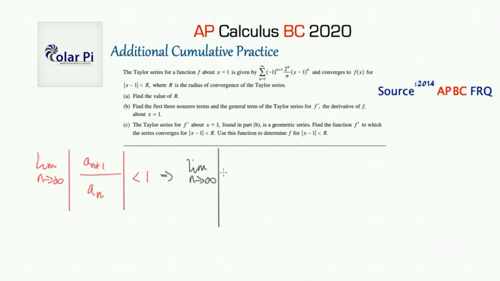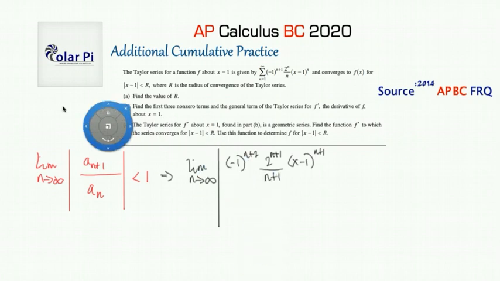First we have (-1) to the n plus 1 plus 1, so that's n plus 2, and then 2 to the n plus 1, and then divide this by n plus 1, with x minus 1 to the n plus 1. The only thing in the denominator really is this n plus 1.